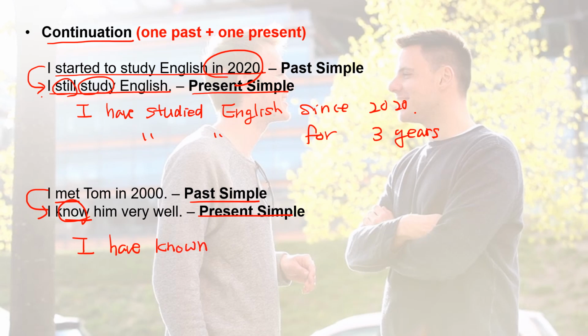I have known Tom since year 2000, or I have known Tom for 23 years. So this one past simple, one present simple. In terms of continuation, this case you can use present perfect simple.